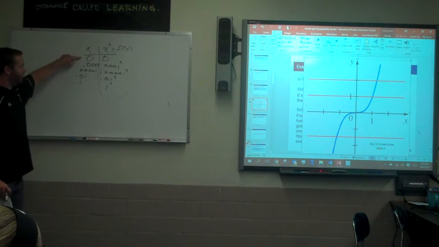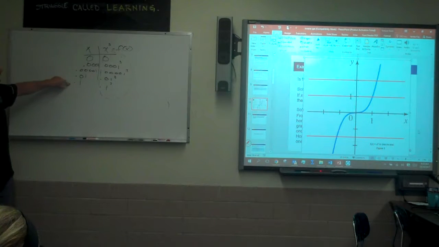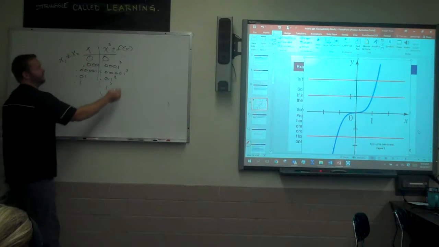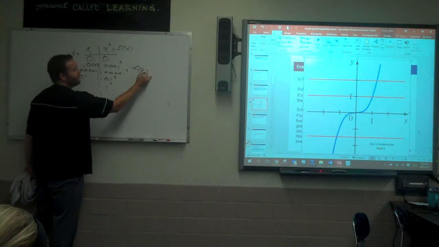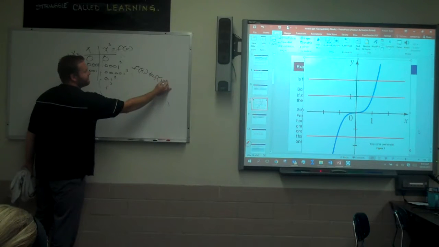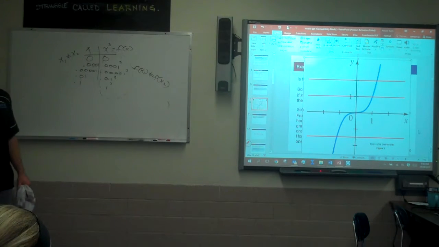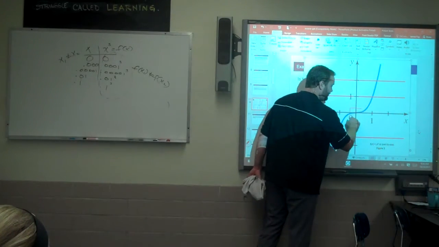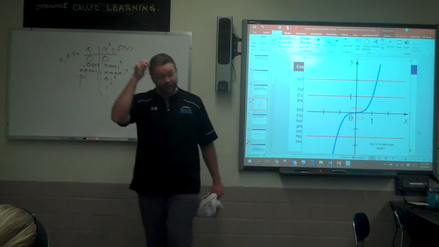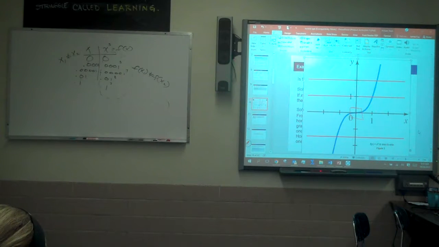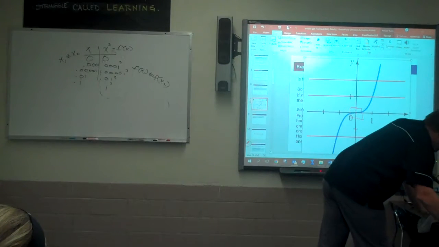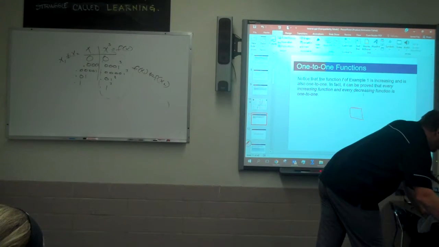Because all these x values were different, x sub 1 does not equal x sub 2, and f of x sub 1 does not equal f of x sub 2. So it maintains that one-to-one relationship in that region where graphically it looks like we might fail it. It's just something to think about as you're doing some of these problems.